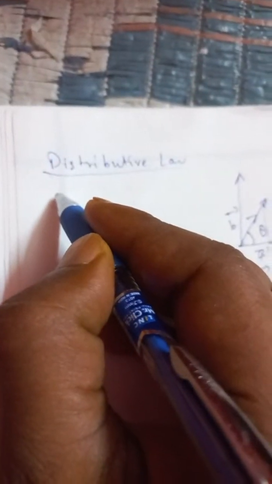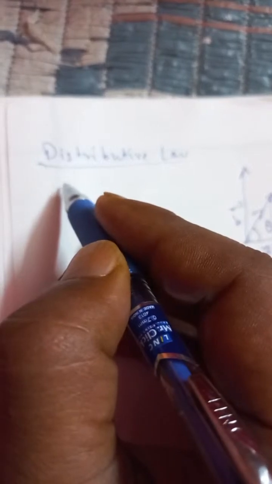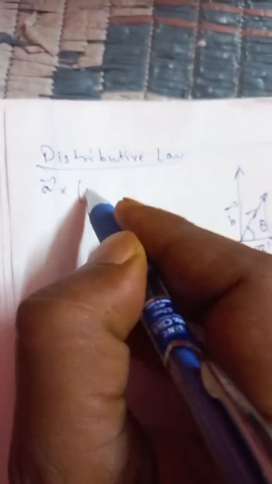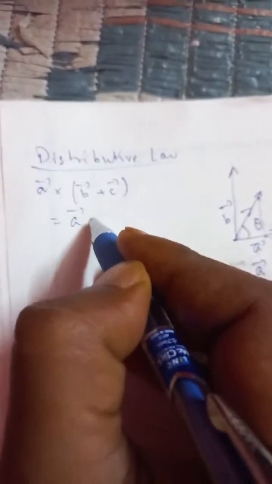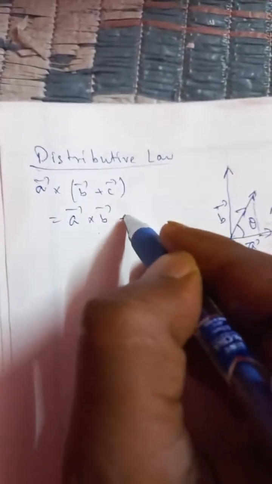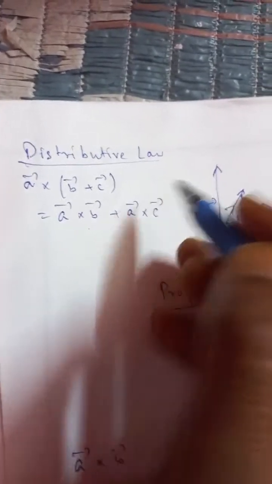I have shown it earlier for the case of the scalar product, so I am showing it for the cross product now: A vector cross (B vector plus C vector) is equal to A vector cross B vector plus A vector cross C vector. How can we prove this?